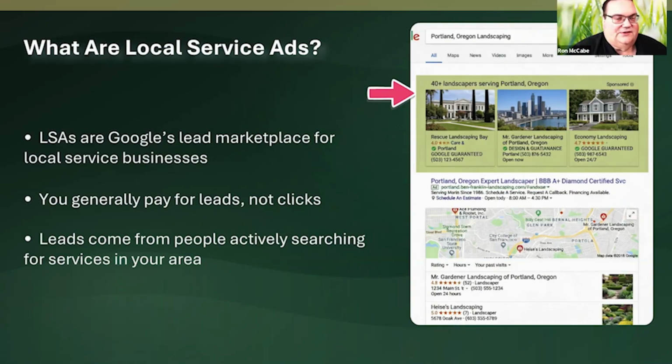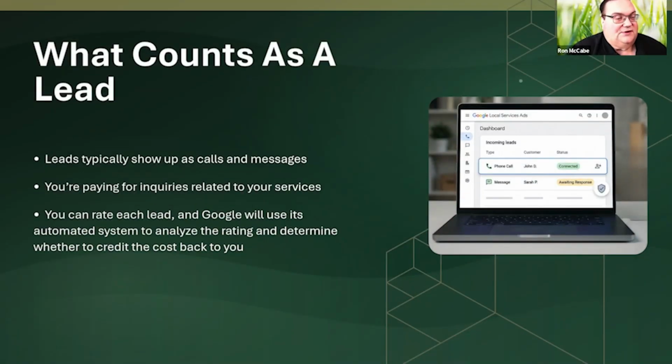So it's going to be leads that are in your direct service area, and it's driven off your Google business profile. The two main differentiators are that local service ads are highly automated, so you have less control, but they're also driven off your Google business profile, which is a benefit in many cases. The leads show up as calls and messages.